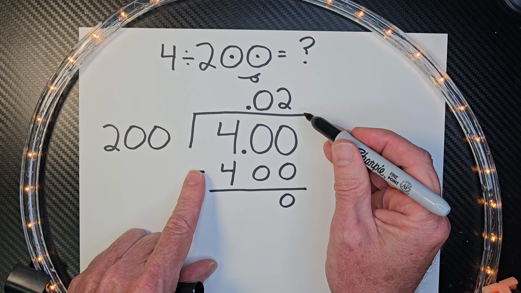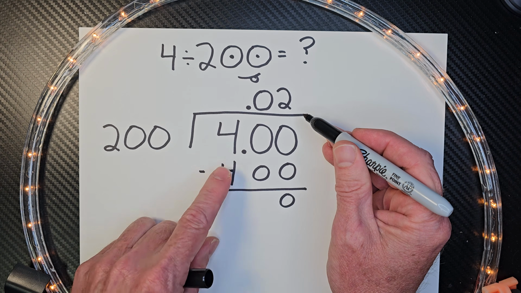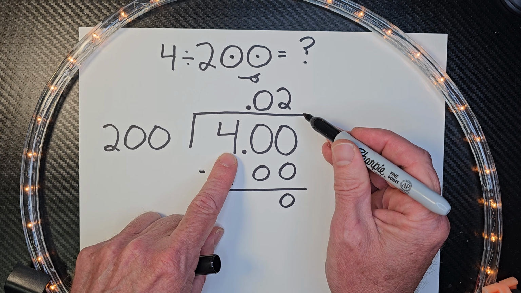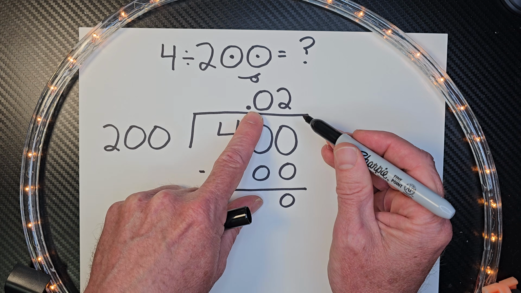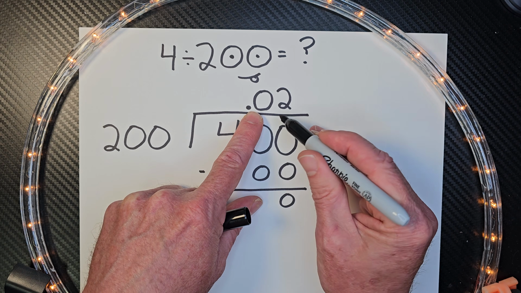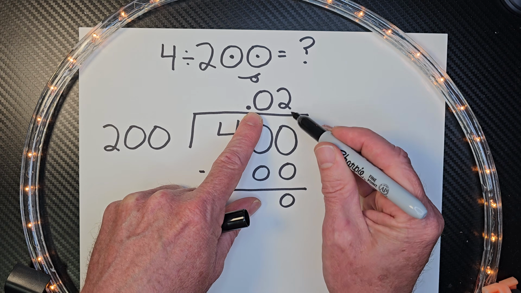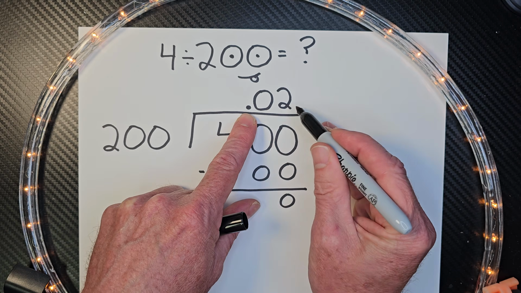What does this mean? Now remember, I had $4. I need to divide that to 200 of my friends, and they are going to get 0.02. Did I say 0.2 on the other one? Sorry about that. This is 0.02, okay?